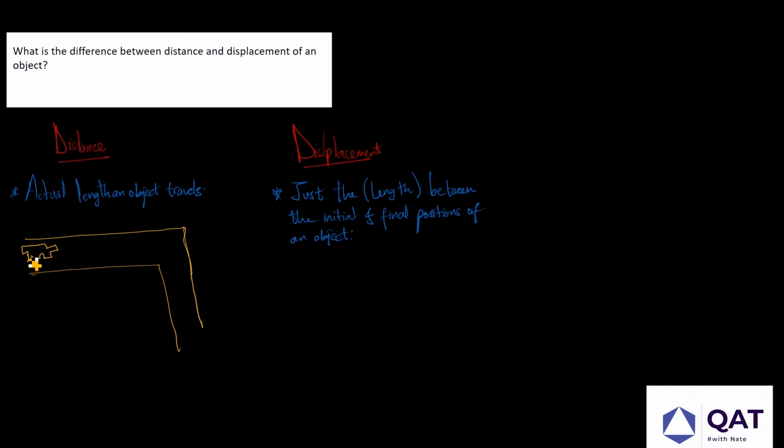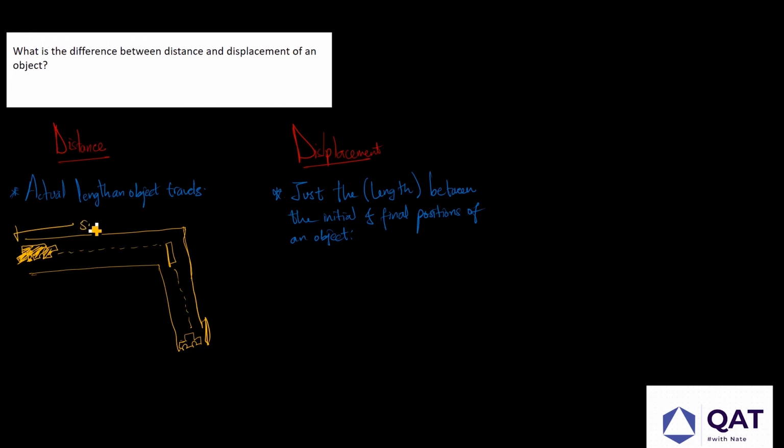This is the car. It's a bad drawing. The car moves along all these paths, it turns, and again it comes to a stop here. Now we are asked to find, let's put the dimensions here.